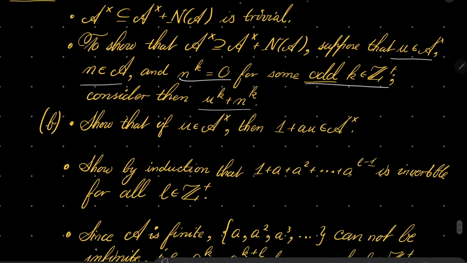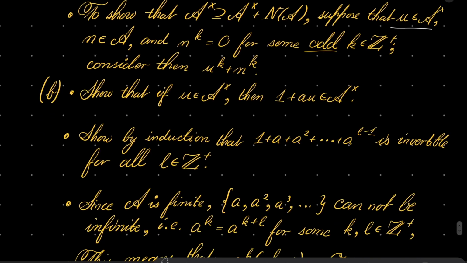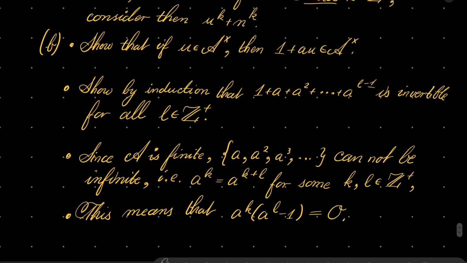And for part B, first some further results: show that if u is a unit of our ring, then 1 plus au is again a unit of our ring, and then show by induction that 1 plus a squared and so on, plus a to the power l minus 1 is invertible for all positive integers l.